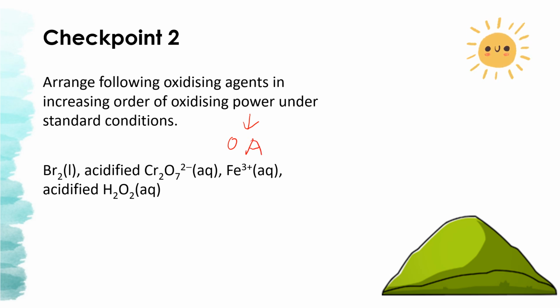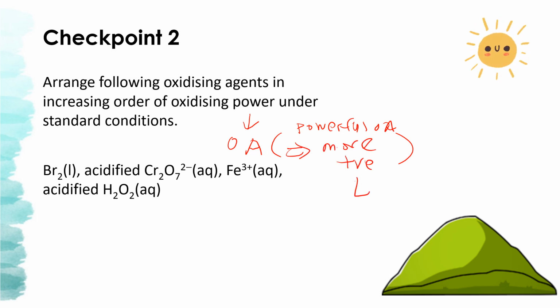So if you have been following, a powerful OA will mean more positive E value. Can see? Correct?